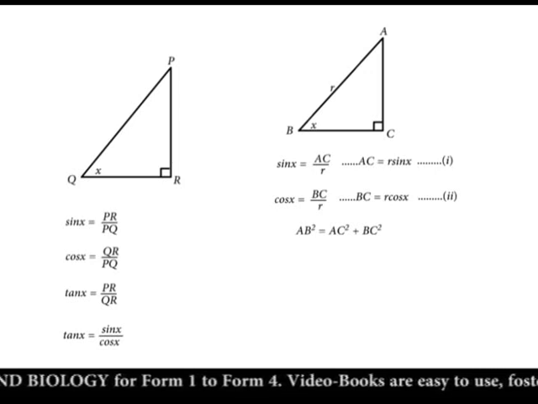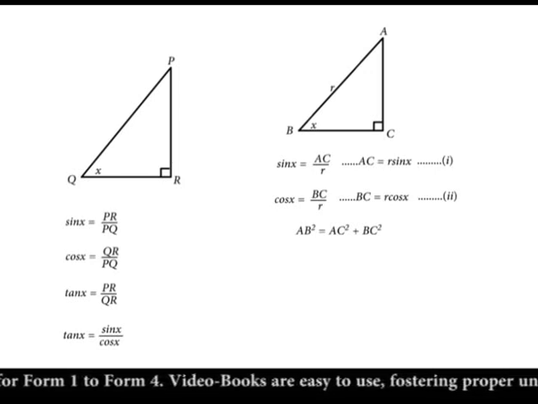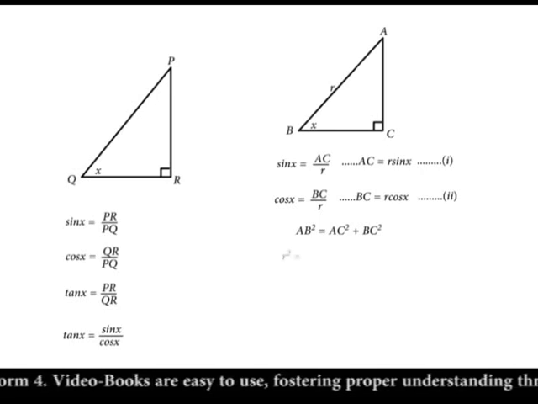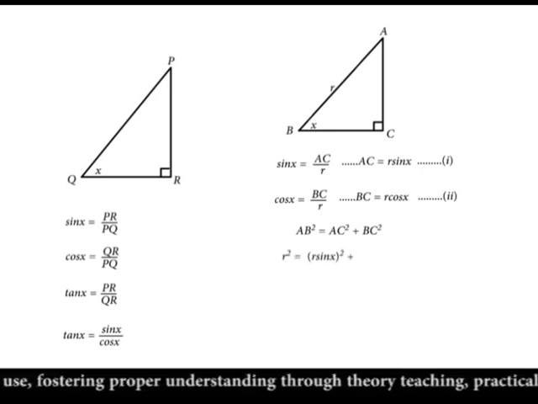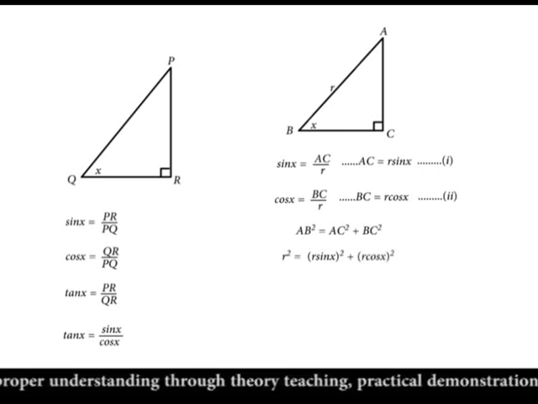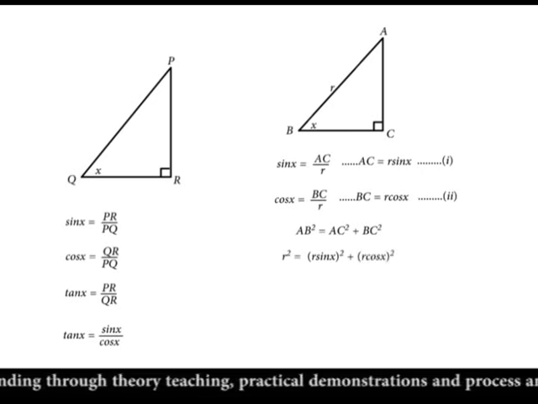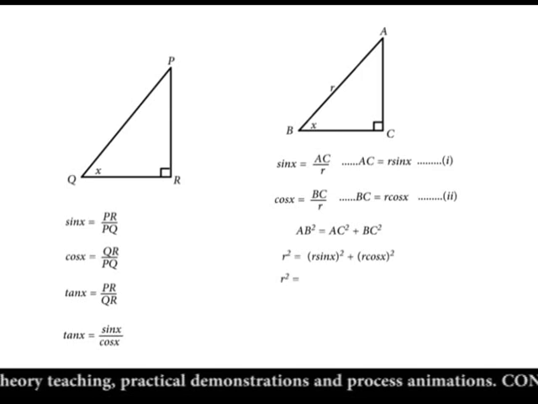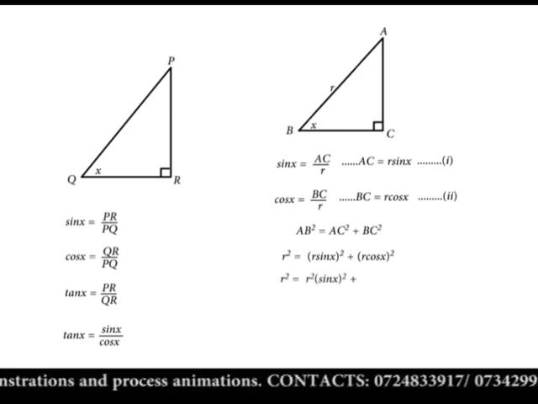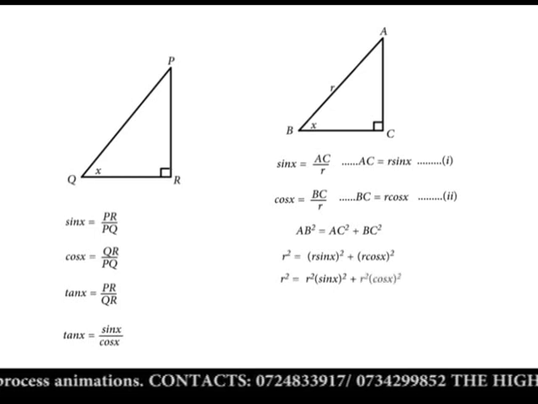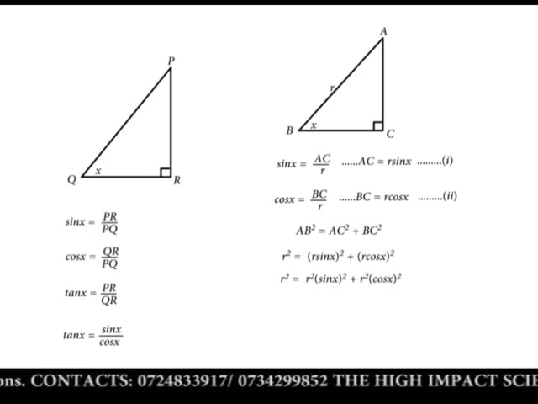Substituting the values of AB, AC, and BC, we get R squared is equal to (R sin X) squared plus (R cos X) squared. That gives us R squared is equal to, opening those brackets, R squared times sin X squared plus R squared cos X squared.